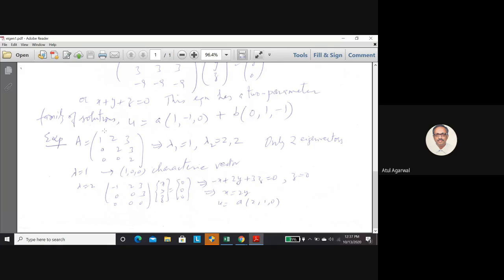So it had its basis vectors corresponding to the x-axis, y-axis, z-axis: 1 0 0, 0 1 0, 0 0 1. But now you have found only two eigenvectors. Two eigenvectors cannot map 3D space. They can map only a plane. So this way you have not got a perfect system of eigenvectors. I had used some term last time. You look at that.